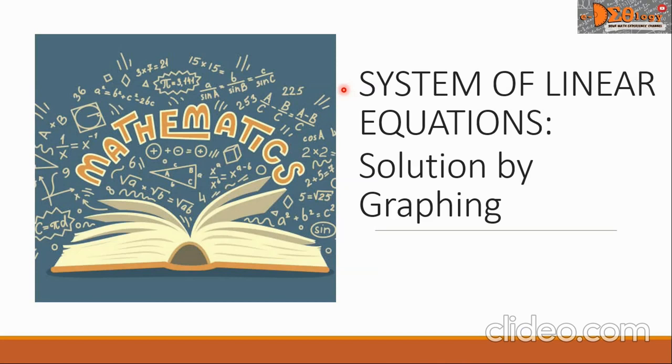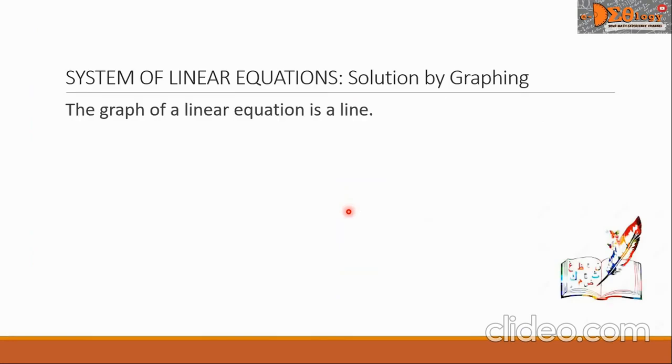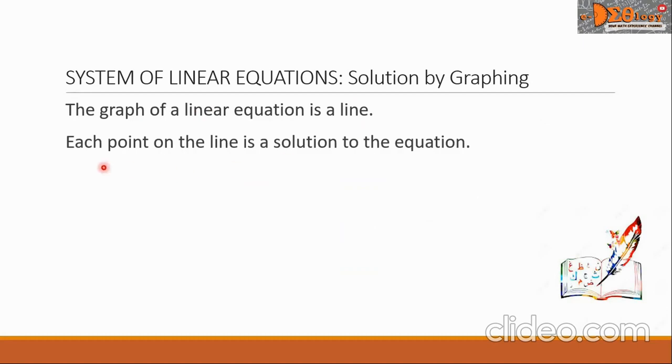Hi everyone. Today we're going to study system of linear equations and we're going to solve this by graphing. The graph of a linear equation is a line. Each point on the line is a solution to the equation.